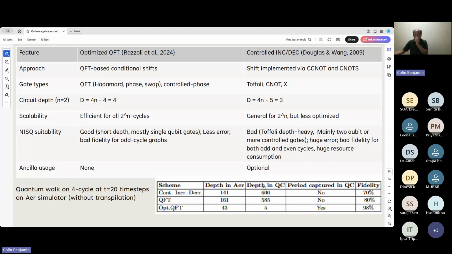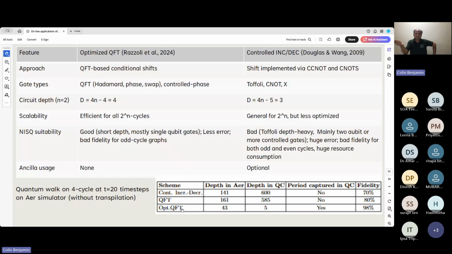But in the quantum computer, where you use native gates, you increase the number of gates, and therefore the circuit depth increases. But after 20 steps, it should actually be somewhat different, because the optimized QFT has inbuilt periodicity. It can efficiently implement the periodicity of the quantum walk too.